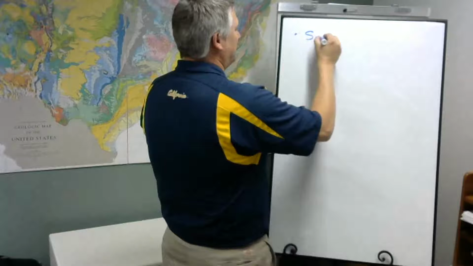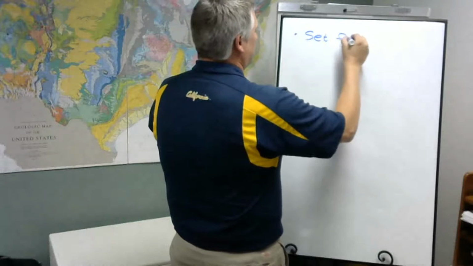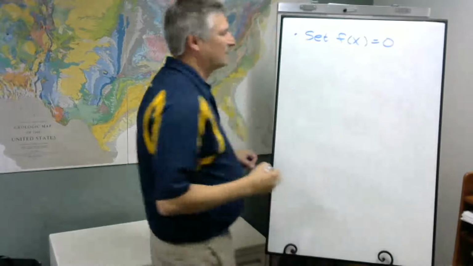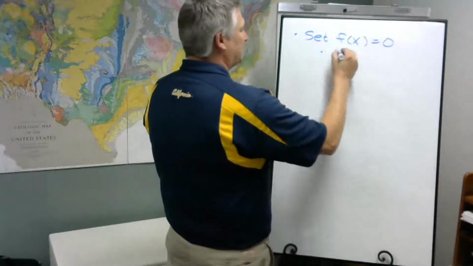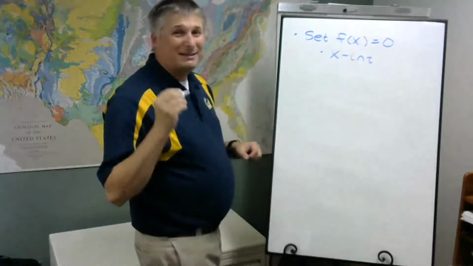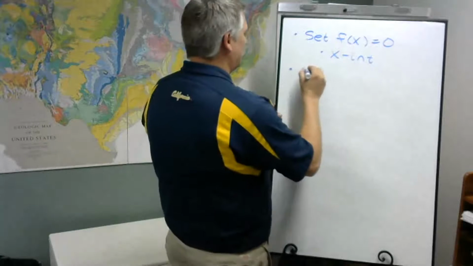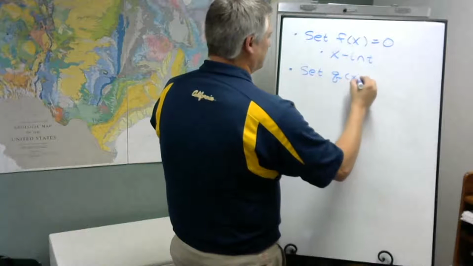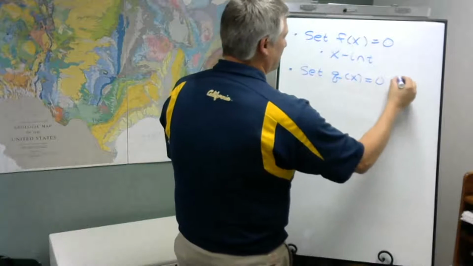We're going to set f of x equal to 0, and this will give us the x-intercepts. But in addition to this, we'll set q of x equal to 0.